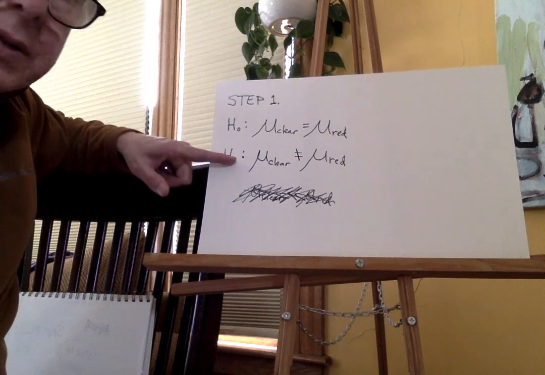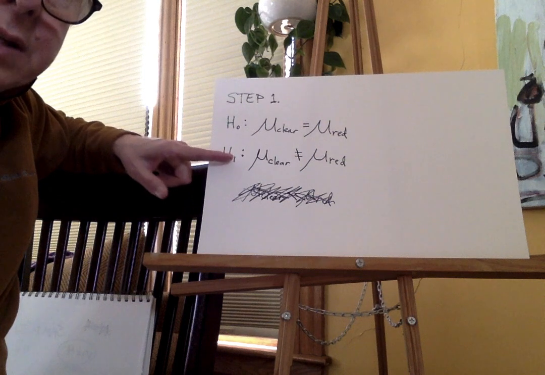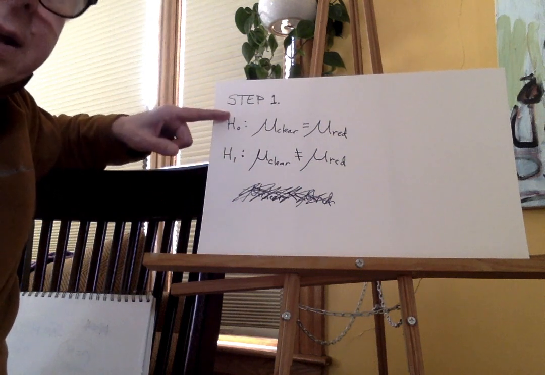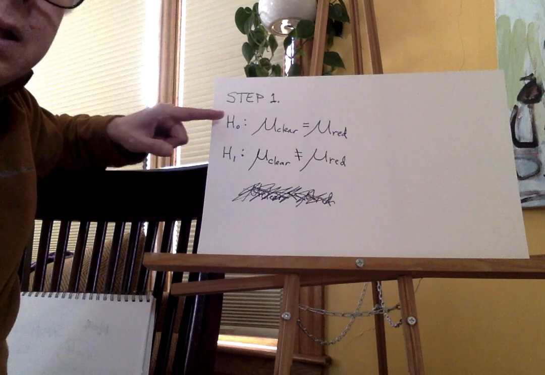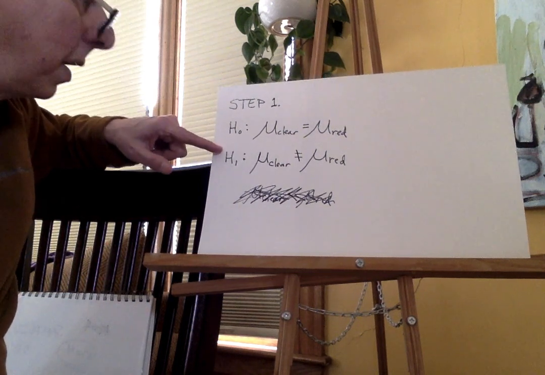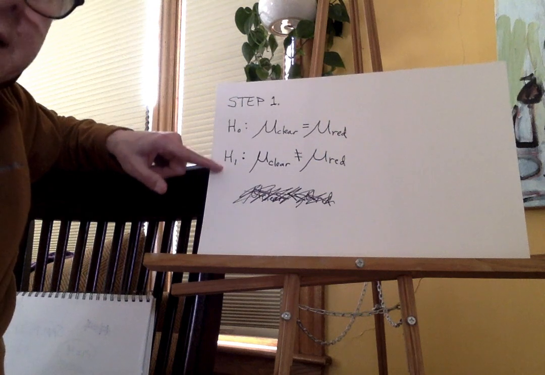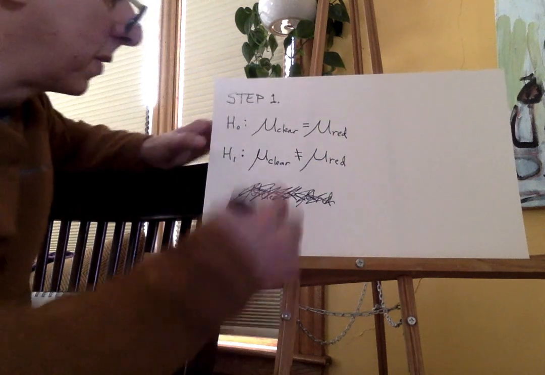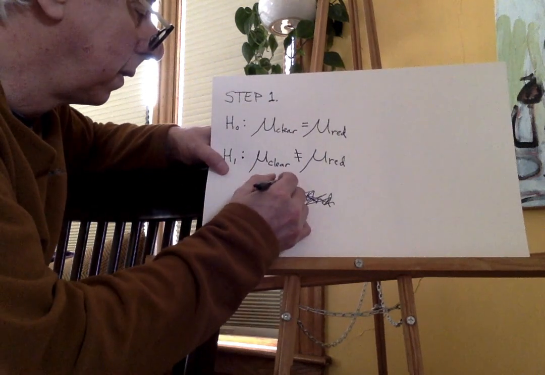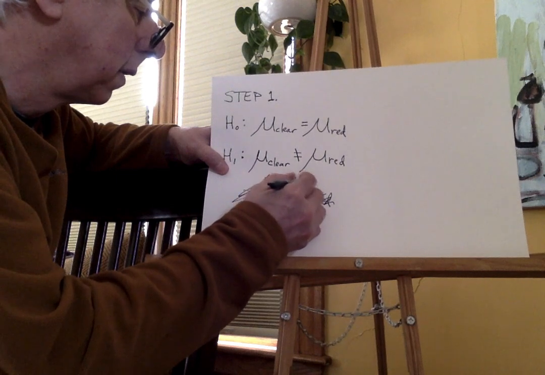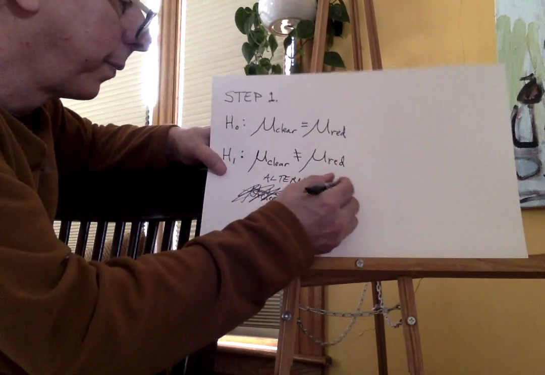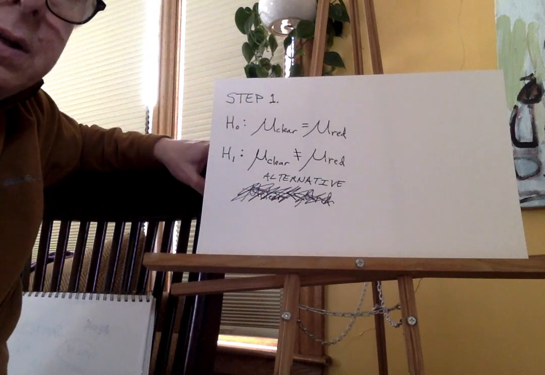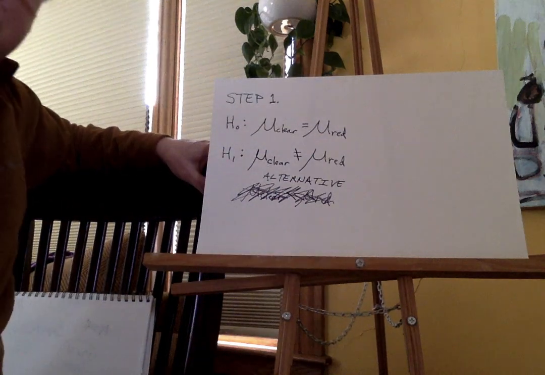I can't prove this, but this is the one I want to speak to. If I use the null, if I disprove this, then I'm sort of left with this. And this is called the experimental hypothesis, but it's also called the alternative hypothesis. What's it the alternative to?